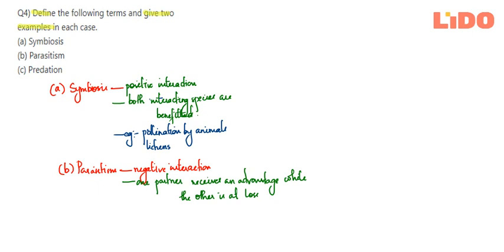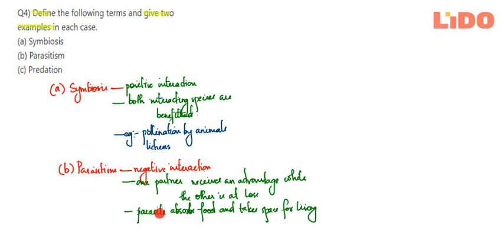Alright, so the parasite enjoys the food as well as the space for living. So the parasite absorbs the food and takes space for living. And we can say that life cycles of parasites are very complex. That is, it involves more than one intermediate host.